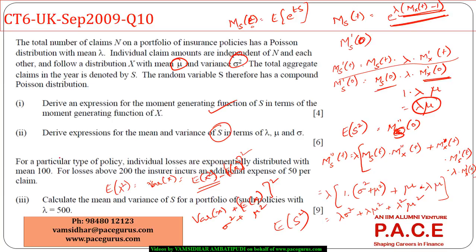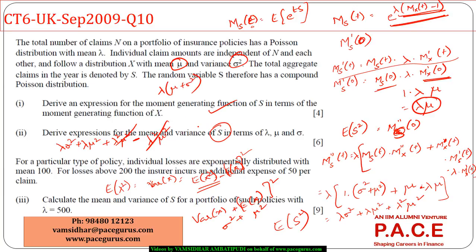Now I can very well find out variance of s, which is nothing but expected value of s squared minus expected value of s whole squared, lambda squared mu squared. This and this going off. So this is working out simply as lambda times mu squared plus sigma squared.